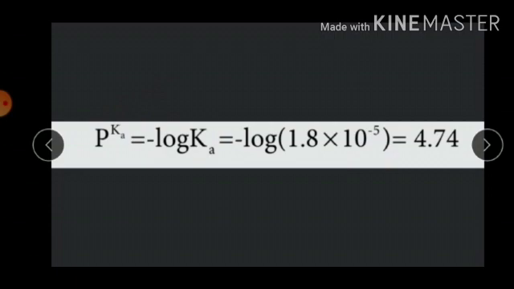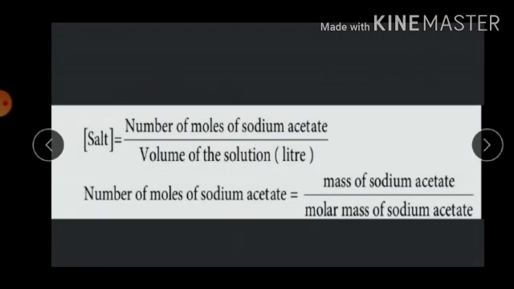So pKa value is equal to minus log Ka. The Ka value is already given in the question, minus log 1.8 into 10 to the power minus 5, so it is equal to 4.74. We found this already in the previous sum. So for salt by acid, what is the salt? Salt is the number of moles of sodium acetate divided by volume of solution in liter. Number of moles of sodium acetate is equal to mass of sodium acetate divided by molar mass of sodium acetate.